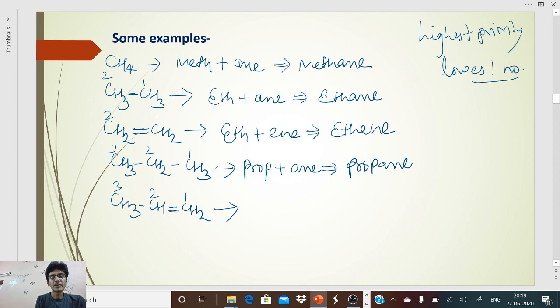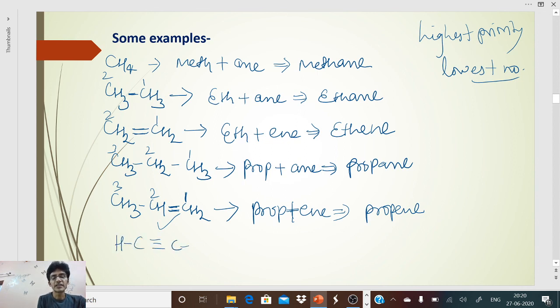So 1, 2, 3. So we can say here prop, plus single bond and double bond both are present, so we will use the suffix for the double bond. Double bond means ene. The double bond is present on carbon number 1, so 1 is no need to write down. So we can say this is propene.